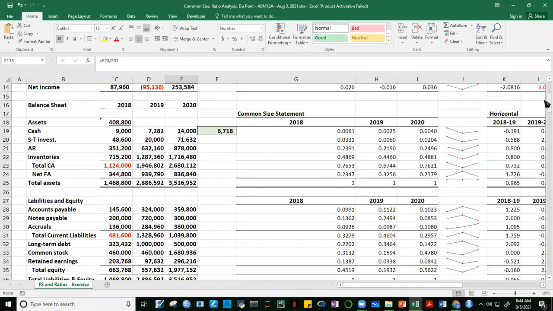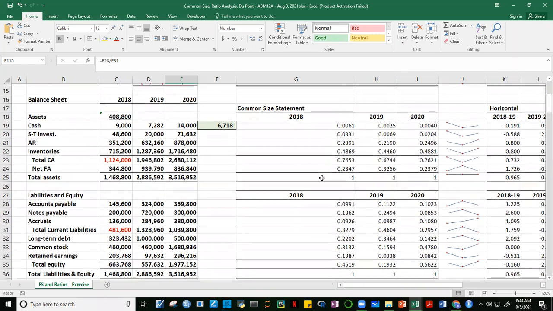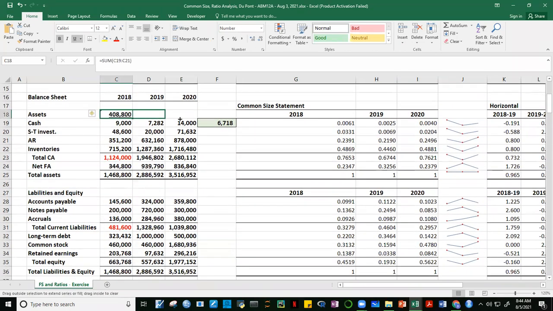Okay, so we're talking of the liquidity of the firm, which means kaya ba ng firm na bayaran yung current liability? If I copy this to the right, okay, 659 lang yung cash, short-term investment at saka AR. Eh dito ang utang 1328 eh, diba? Wala pa ngang kalahati. Okay, so we have a problem in 2019. Sa 2020, 1039 yung current liability, 963 yung assuming na yung receivables madali na siyang i-convert into cash, no?